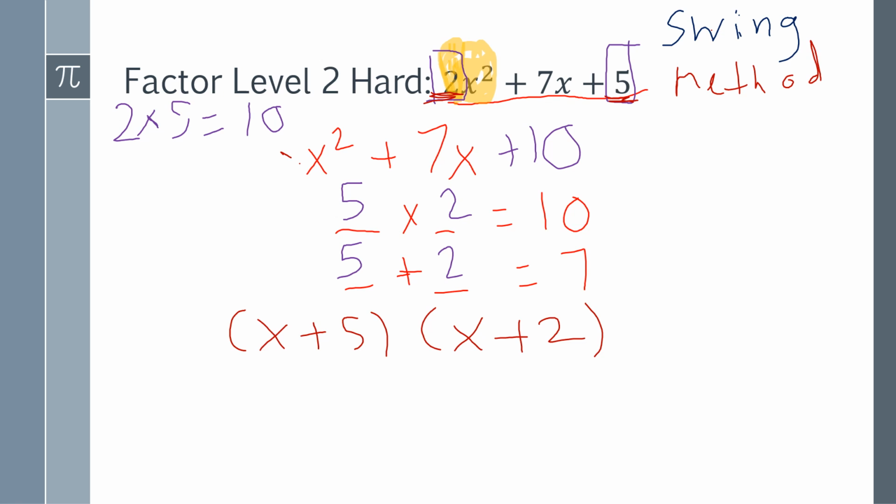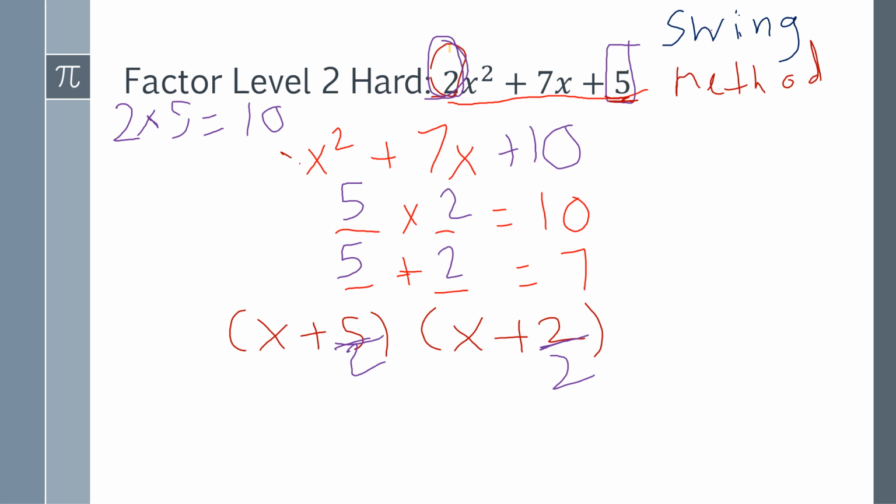Unfortunately, I'm not done yet. Almost. Like I told you guys before, when you come to a level 2 hard, you got to add additional steps. So when we do all that, you know your original front coefficient, which was 2, you're going to divide both integers by 2.